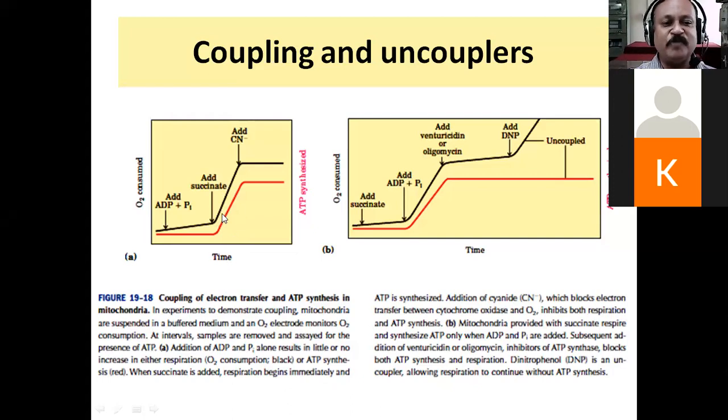And therefore you will find with the help of the oxygen electrode that oxygen is getting consumed. And then if you are measuring the ATP, what you will find is there is an increase in the concentration of ATP. Can you see the red line? It is increasing. Is that clear to everybody?